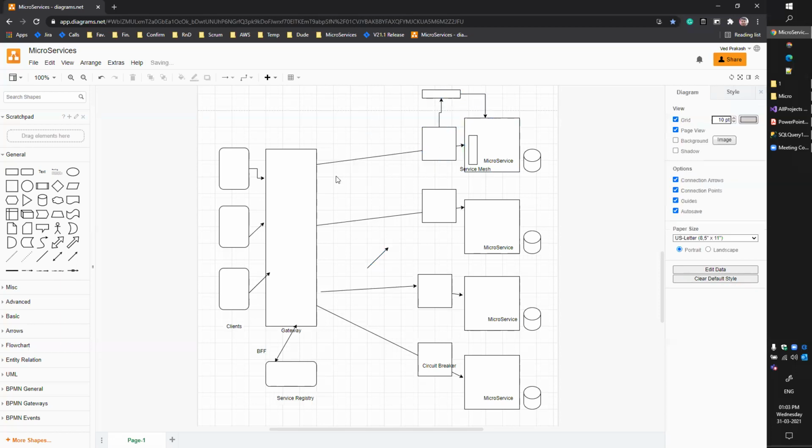Now take the e-commerce example, where you are purchasing something and making a payment. What will happen behind the scenes? The thing you have purchased will be deducted from the inventory first, and then it will go to the order service, and then to the payment service where you make the payment.